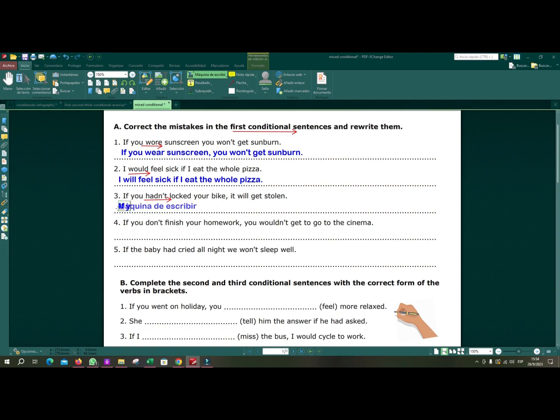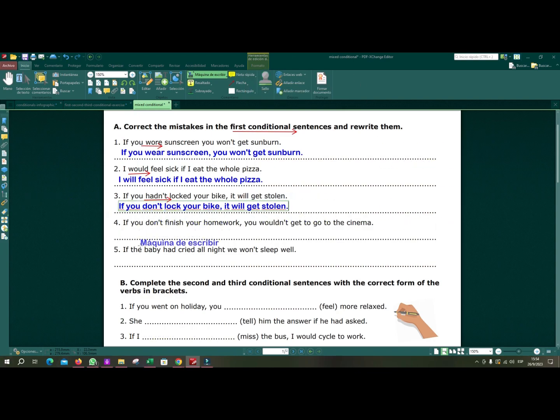So, if you don't, right? That would be that. If you don't lock your bike, comma, it will get stolen, right? That would be nice. If you don't lock your bike, it will get stolen. Nice. Perfect.